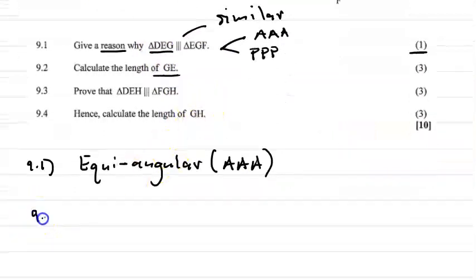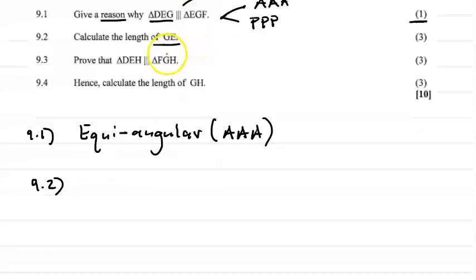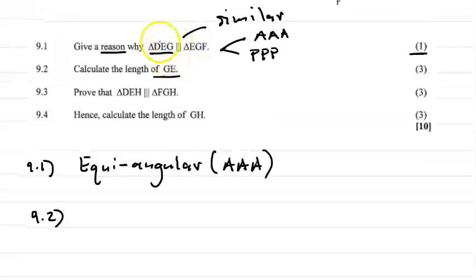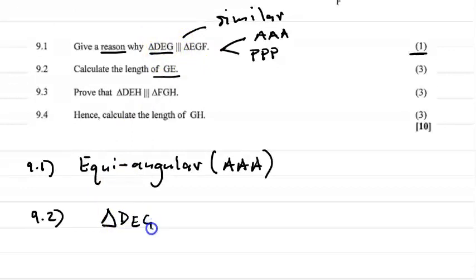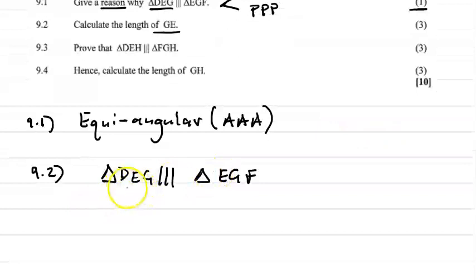So for 9.2, let's write down the sides in proportion. Triangle DEG is similar to triangle EGF. And we showed that in the previous question. Therefore, let's write them down with their sides in proportion.